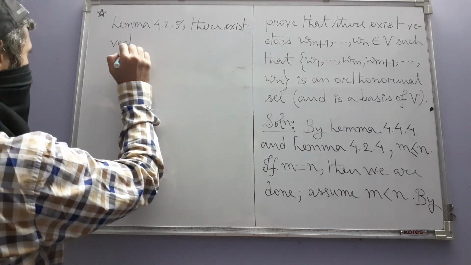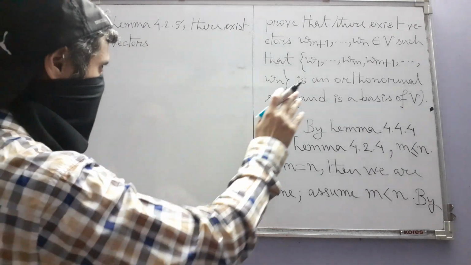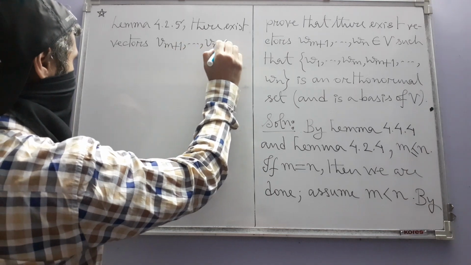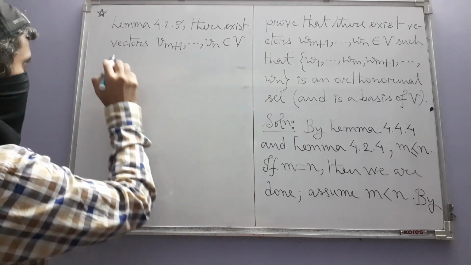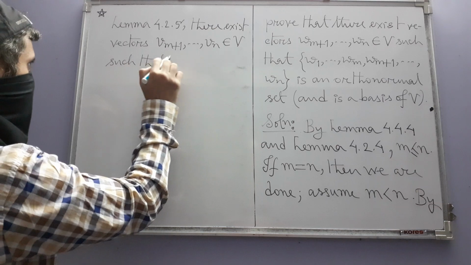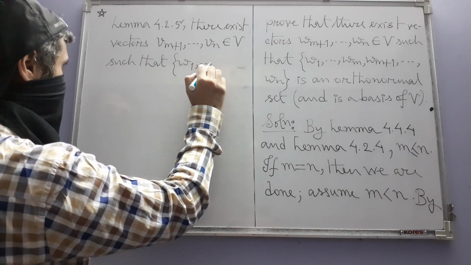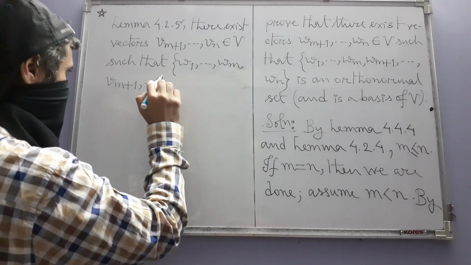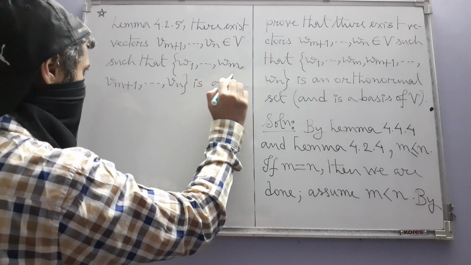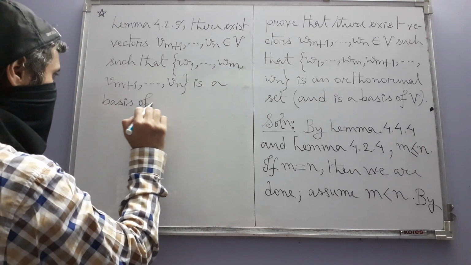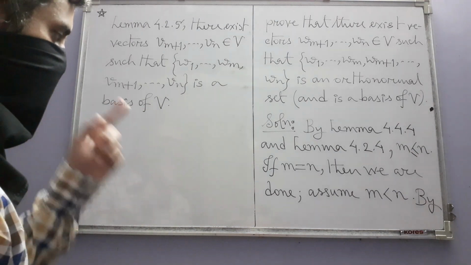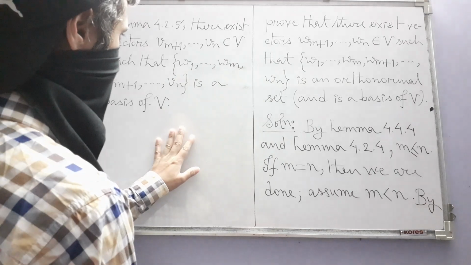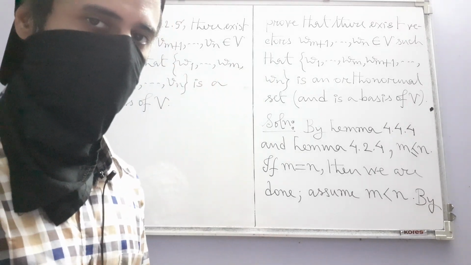By lemma 425, there exist vectors, we are not of course going to call these new vectors W, but let's call them V, up to Vn in V such that this new extended set, obtained by introducing these extra V's to the existing set, is a basis of V. But note also carefully that in order to be able to apply this lemma, we should start with a linearly independent set, right?